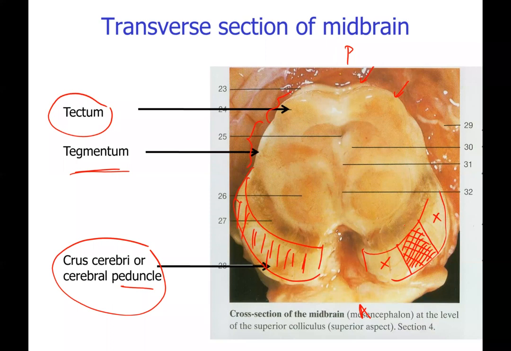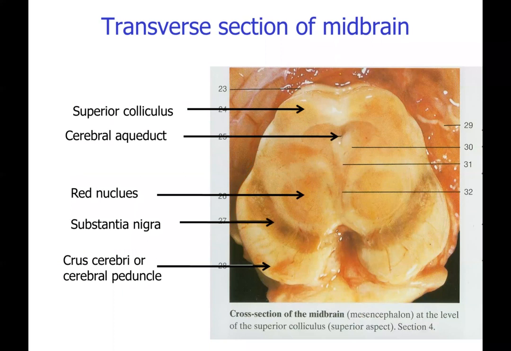The middle part, the tegmentum, will contain all ascending nerve tracts. Again, you will learn these ascending nerve tracts. They are compressed and confined to some of these areas in the tegmentum. Then other than that, I'll move to the next slide.